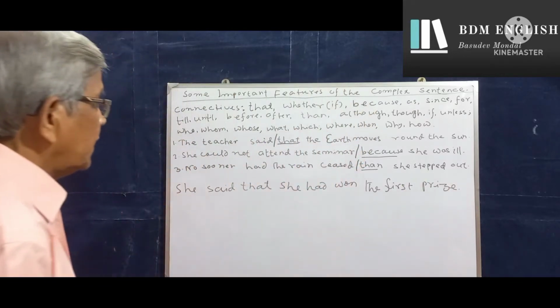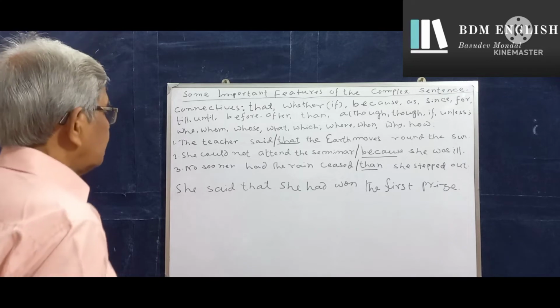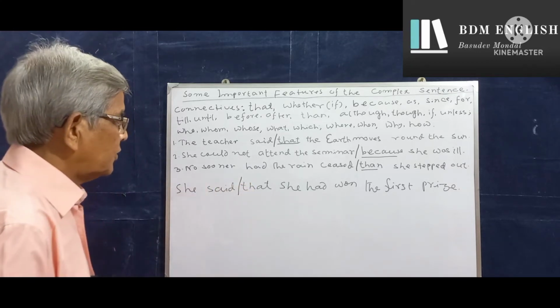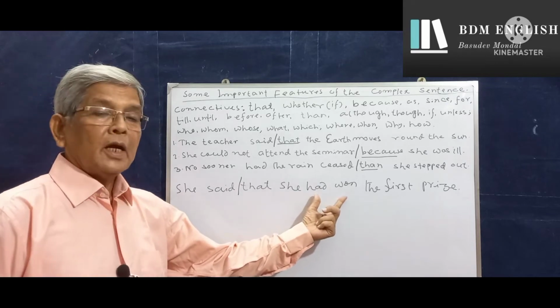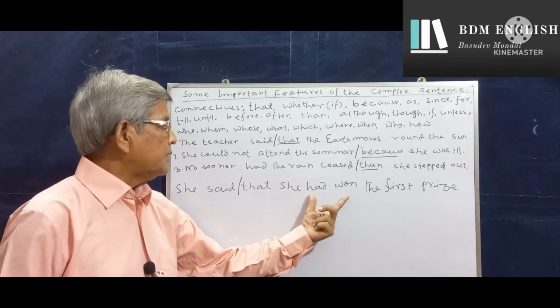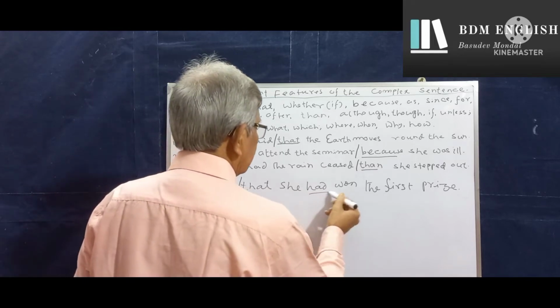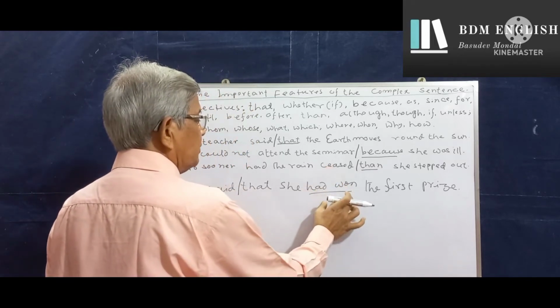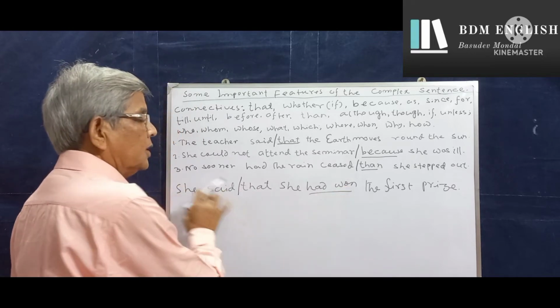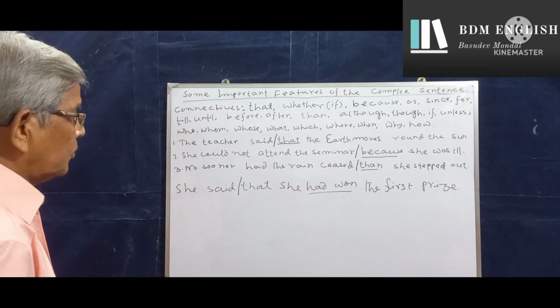In the principal clause, "she said," the verb is in the past tense. So the verb in the subordinate clause is also in the past tense. Here it is in the past perfect tense because the action of this verb had taken place before the action of the verb to say.